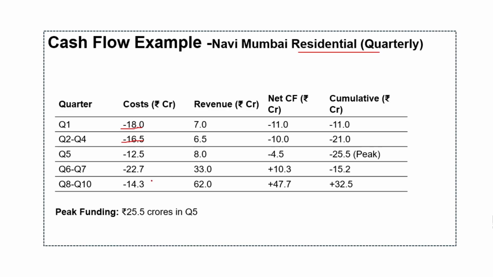Quarters 2 to 4 reflect your construction ramp-up with cost of 16.5 crores quarterly and steady pre-sales of 6.5 crores.